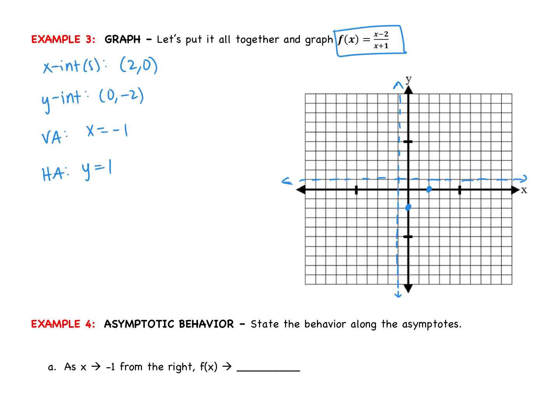Our graph is going to have two parts. There's always one part on each side of the vertical asymptote. These 2 points very clearly show us what the first part is going to look like. We know from this point to 0, we're going to come up and approach the asymptote. It is very important that your graph hugs the asymptote, but doesn't cross it, doesn't touch it.